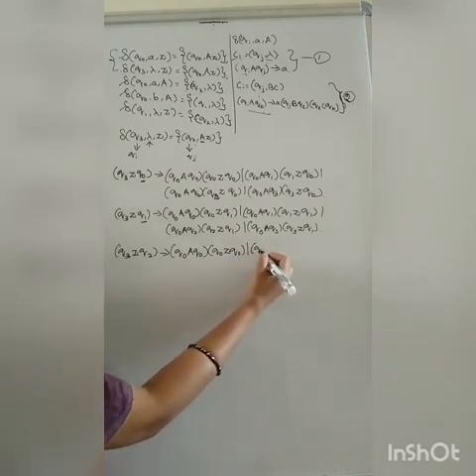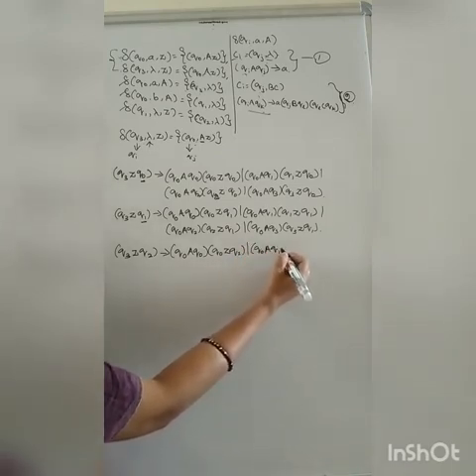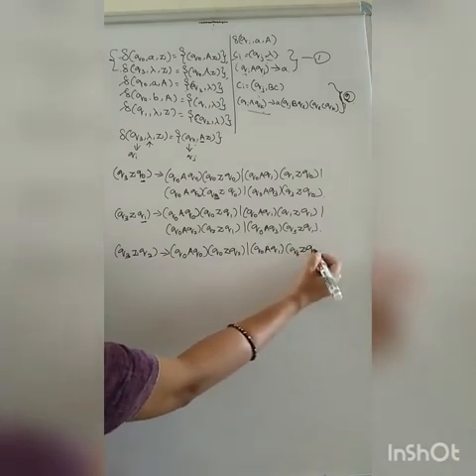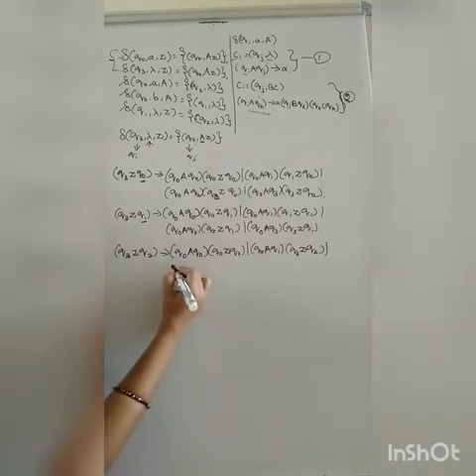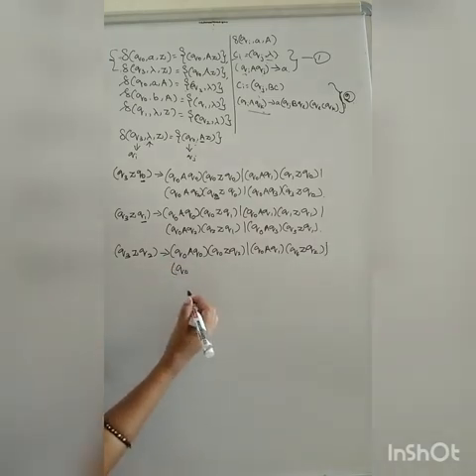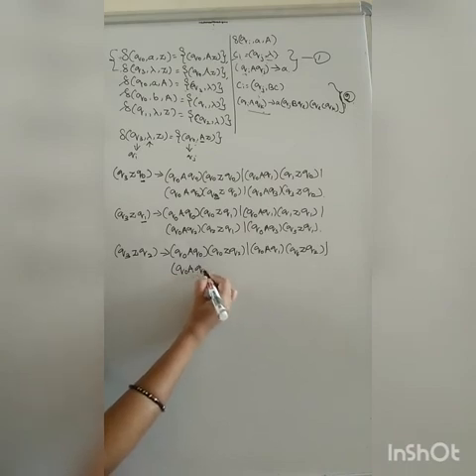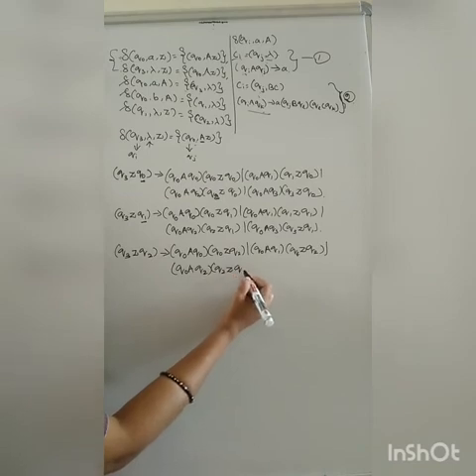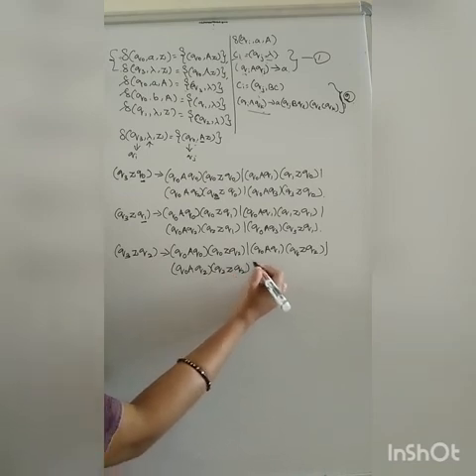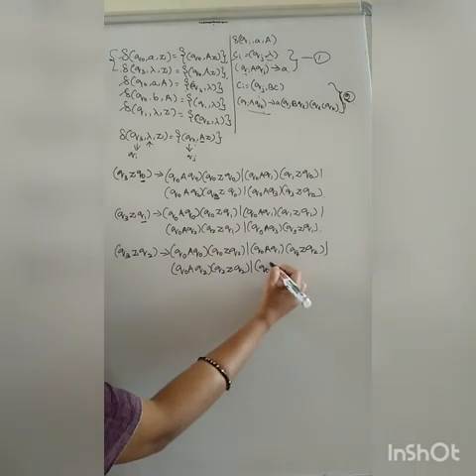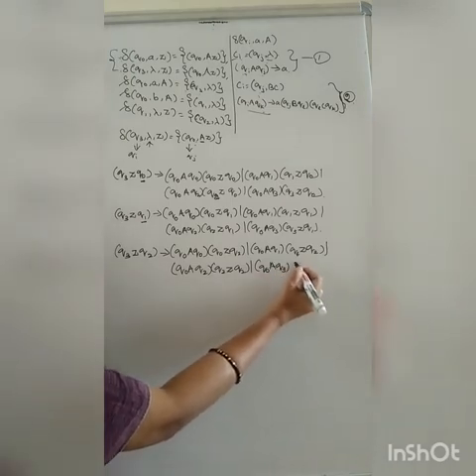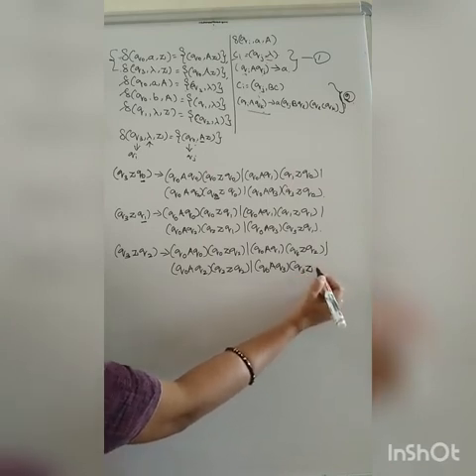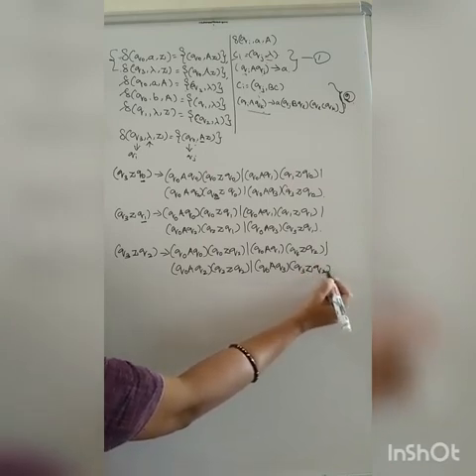Next Q0 A Q1, Q1 Z Q2. Next Q0 A Q2, Q2 Z Q2. Then Q0 A Q3, then Q3 Z Q2.